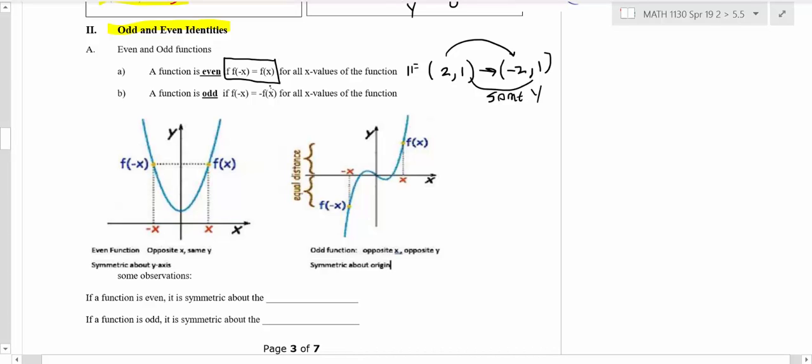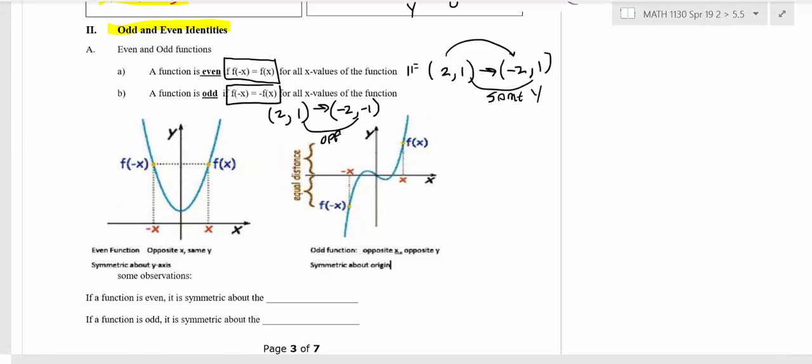An odd function works like this. It says f of -x is negative f of x. Let's take the same point 2, 1. If you change x to negative, then y would be negative also. So what happens on an odd function is when x is opposite, y is opposite. We learned that earlier in the semester, and trig functions follow this pattern.